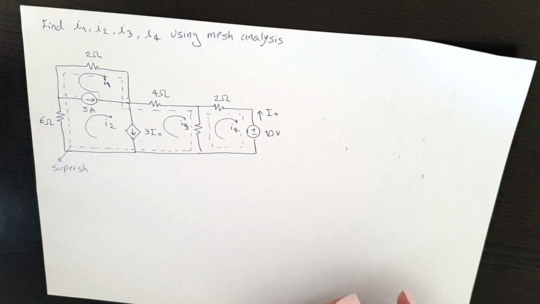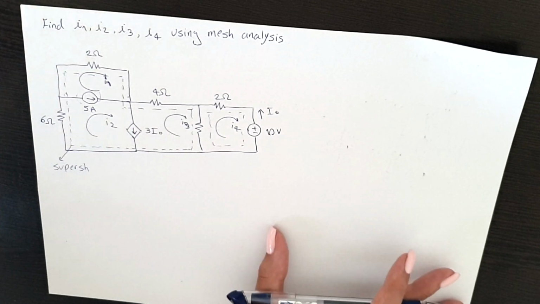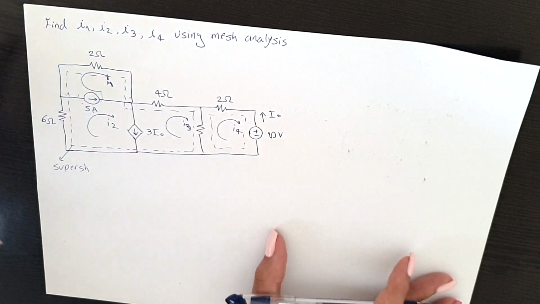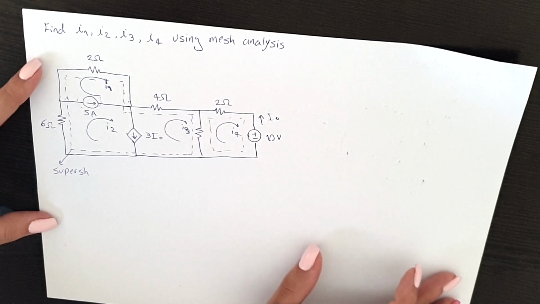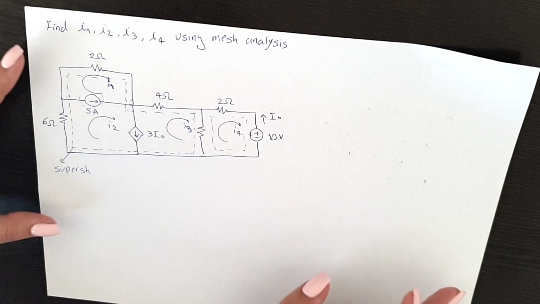First things first, we try to, as much as we can, figure out our currents with node analysis, and then we go and do the mesh analysis. So in this question, we need to do node analysis and mesh analysis at the same time.